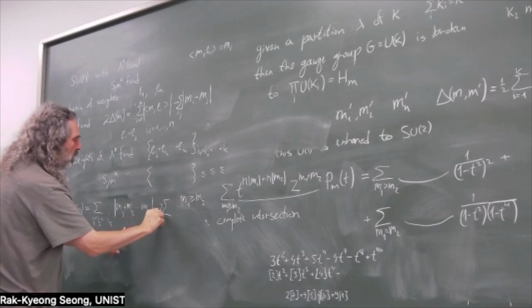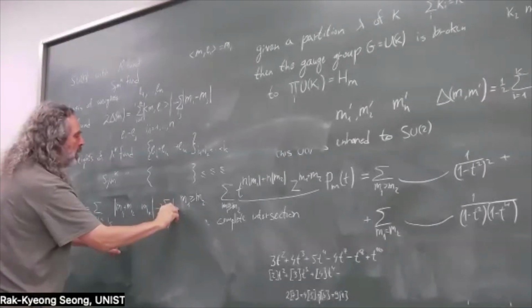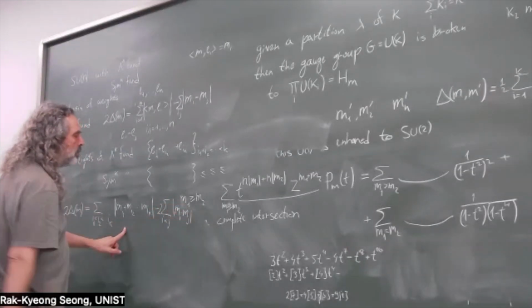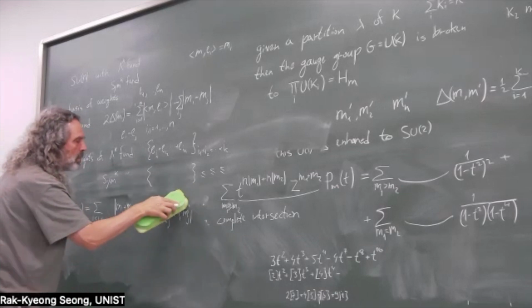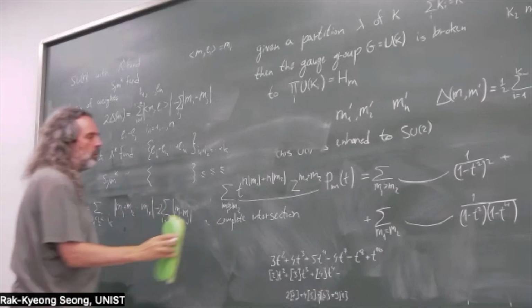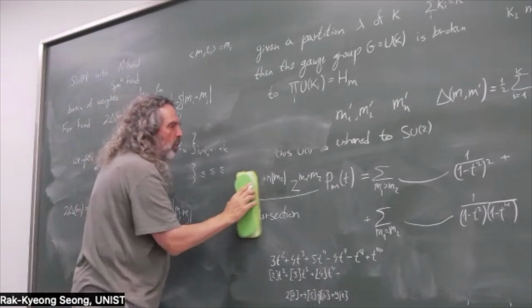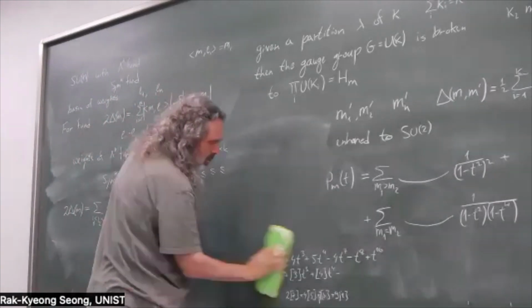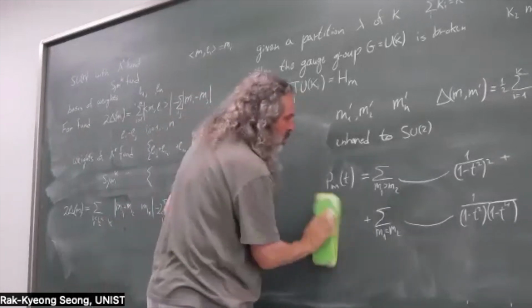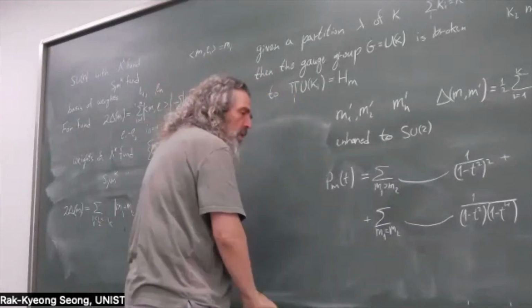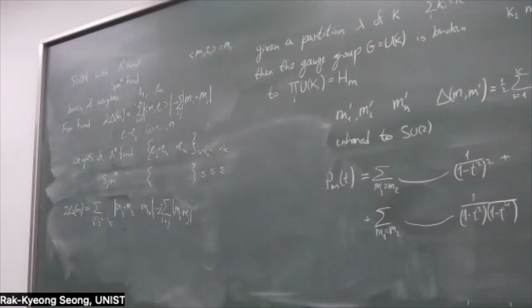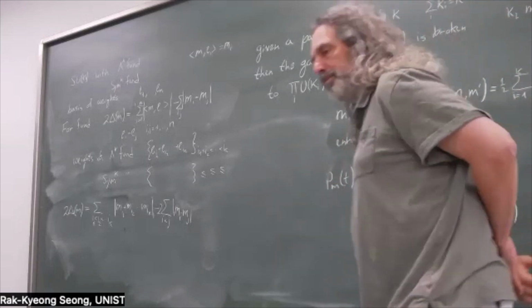So let's write 2 sum over i less than j of m_i minus m_j. Right, so it's quite straightforward to generalize to any representation. You just need to make a list of all possible weights, and then use the natural bilinear form for weights and coweights, and you'll get the corresponding expression.